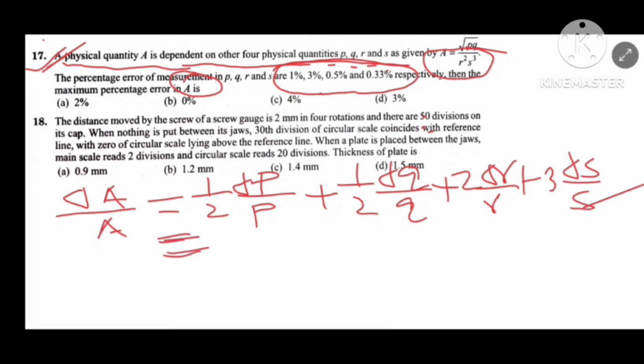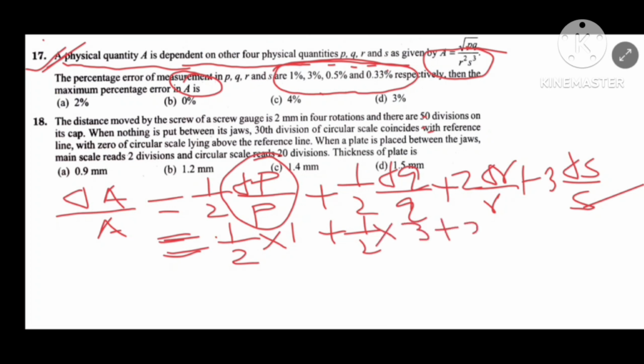Now we have to put the given values of percentage error of P, Q, R and S. Now look at this, this is half of 1%, and this is half into 3%, and this is 2 of 0.5%, plus 3 of 0.33, means 1/3%.